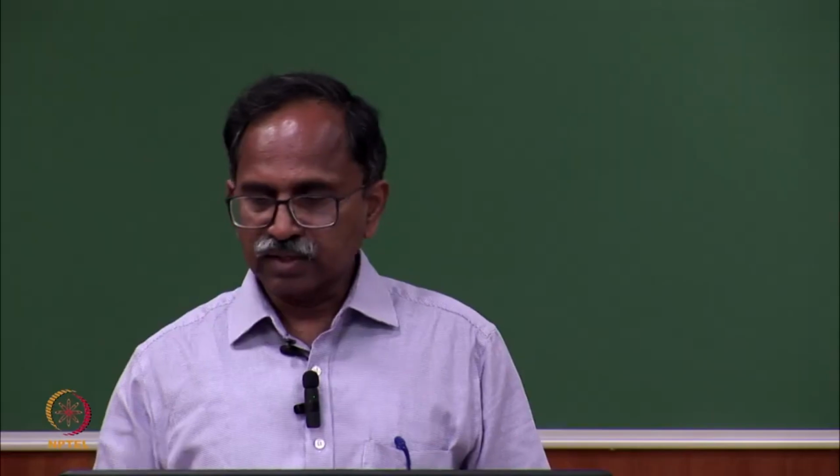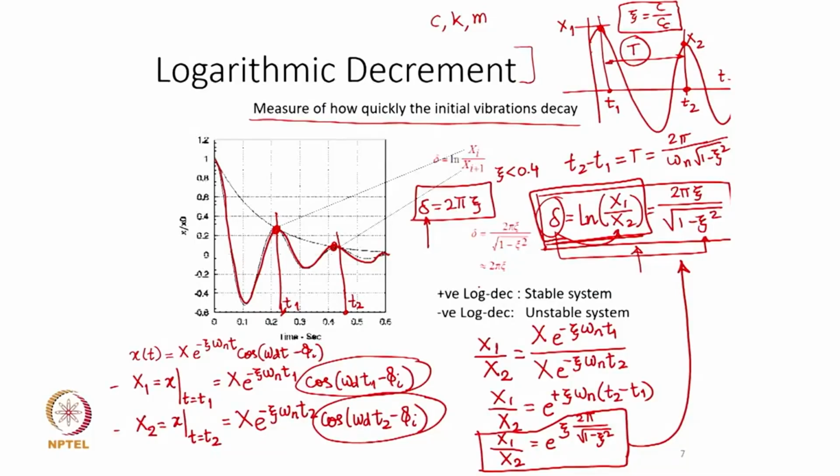Both of them signify that if the delta obtained is positive, you have a stable system. If you have negative, it is an unstable system. Obviously, because if zeta is negative, minus zeta omega n t will turn out to be positive zeta omega n t, and the system will exhibit unstable response.